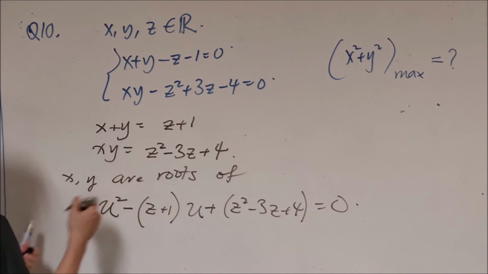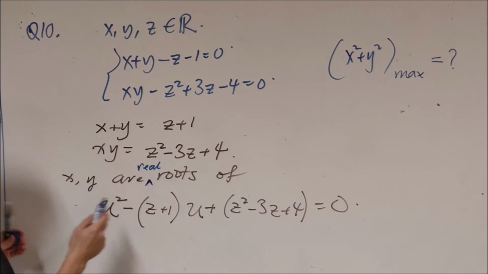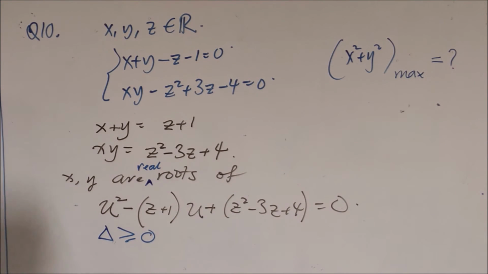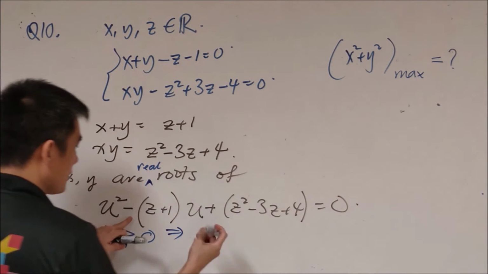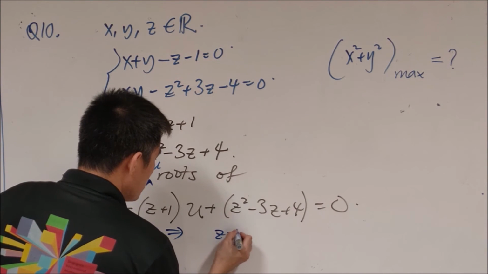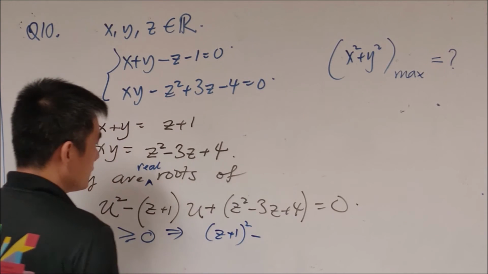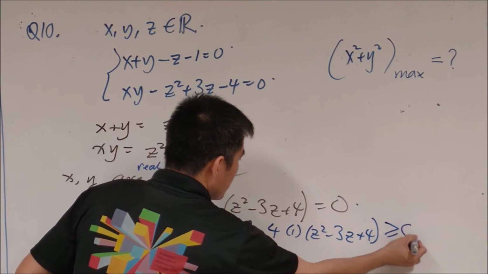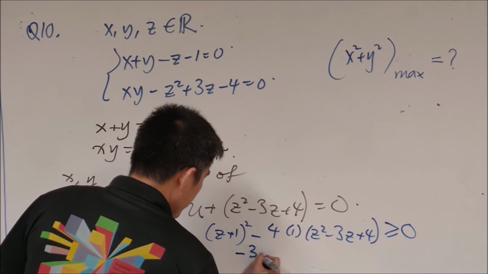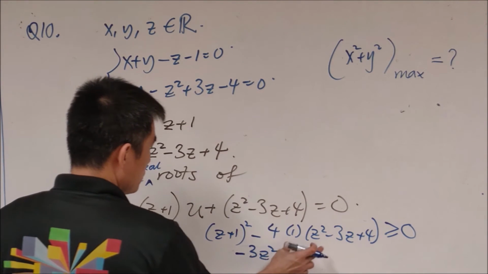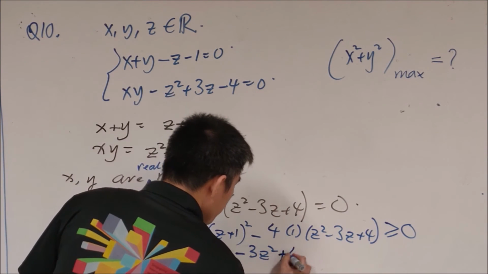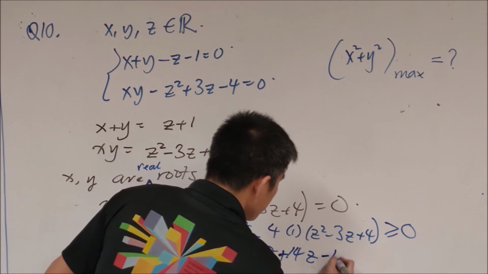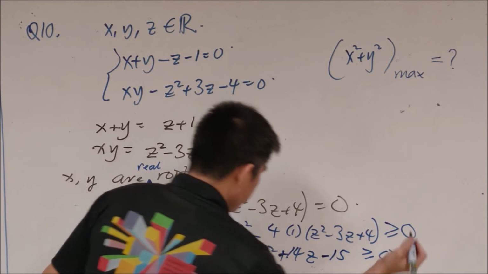Now, because these are real roots, the discriminant must be greater than or equal to 0. It means that (z plus 1) squared minus 4ac is greater than or equal to 0.